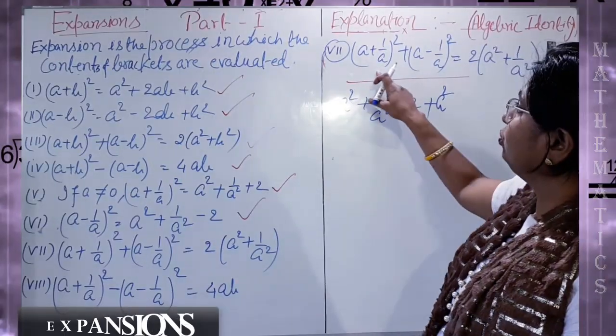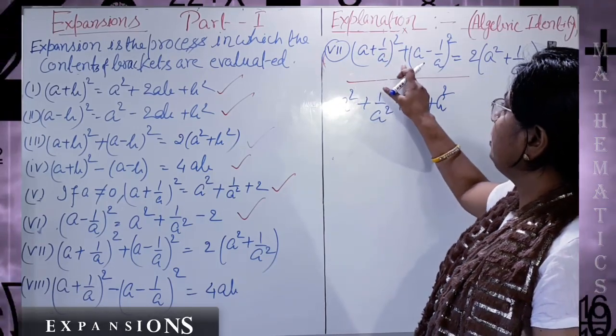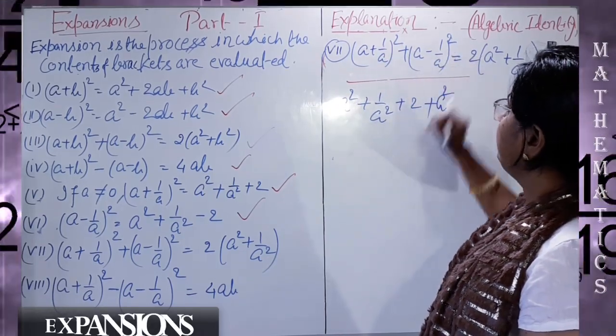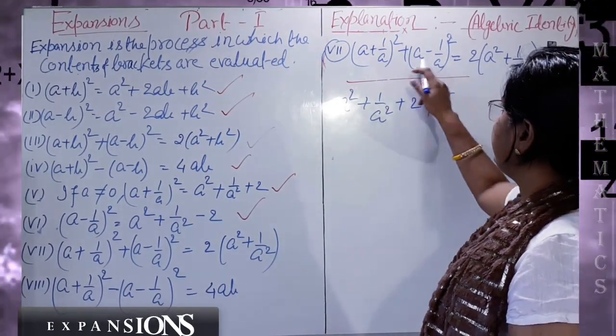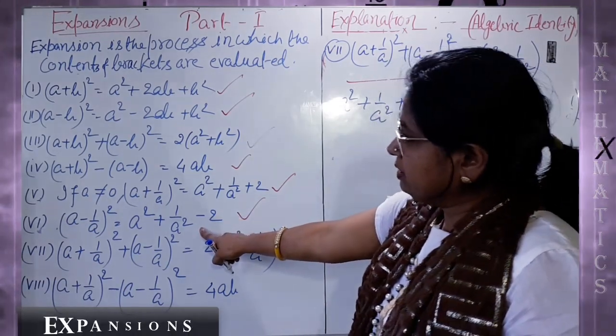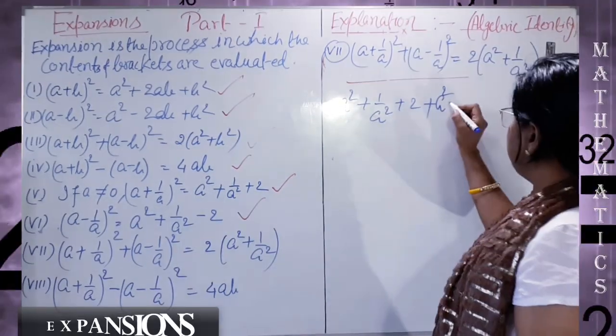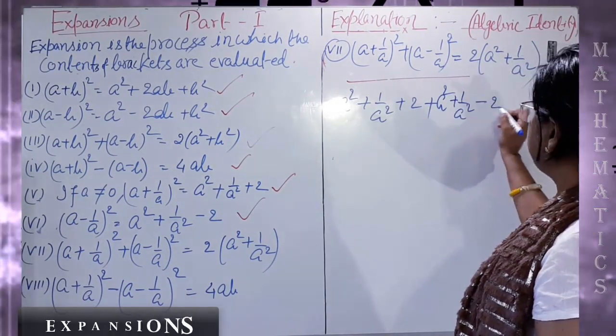That is the addition of two expressions, two identities: a plus 1 by a whole square plus a minus 1 by a whole square. A plus 1 by a whole square is equal to this one, and a minus 1 by a whole square we can take from the sixth number identity: a square plus 1 by a square minus 2.